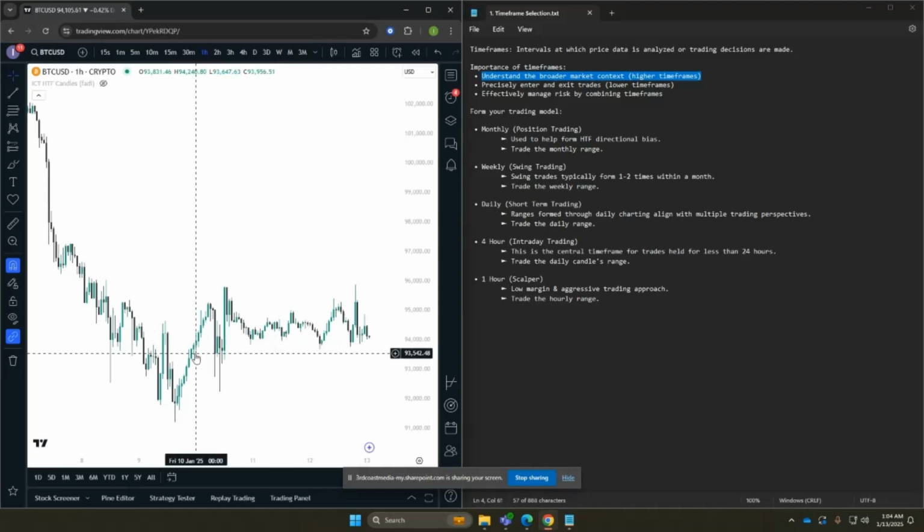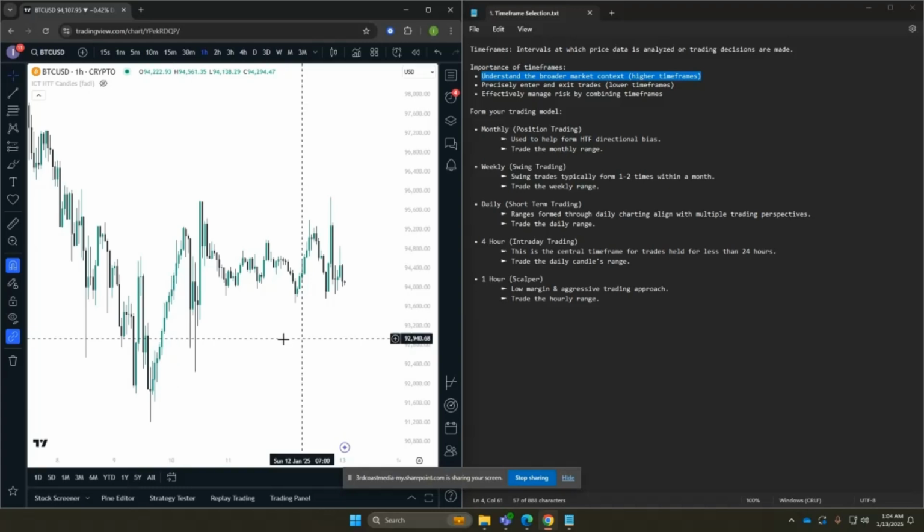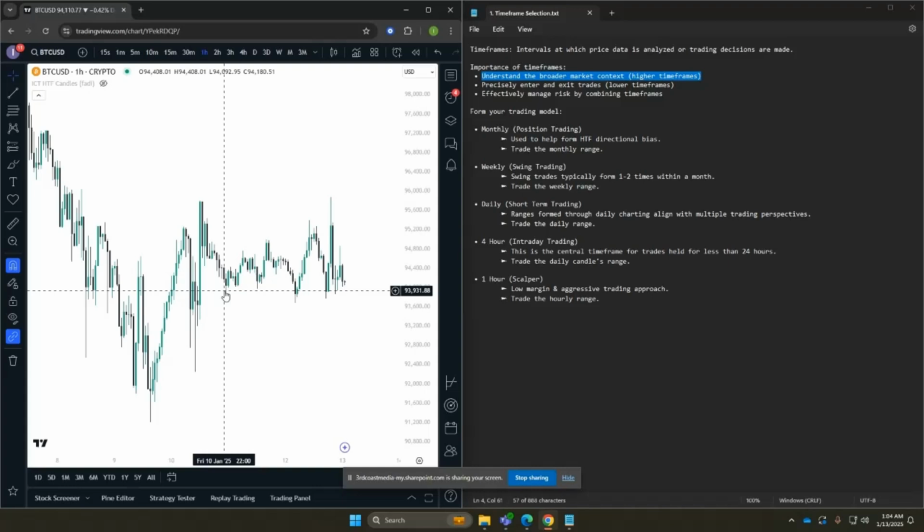this is about a week's worth of information here. And we can see how maybe we only want to hold a trade for an hour or two, or maybe in this case, several hours before it went from this low to this high.